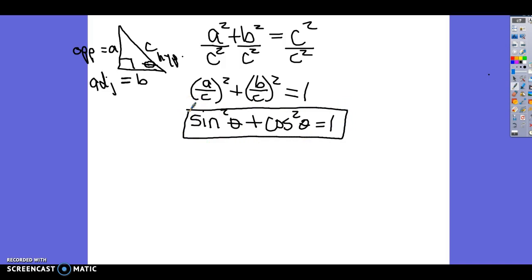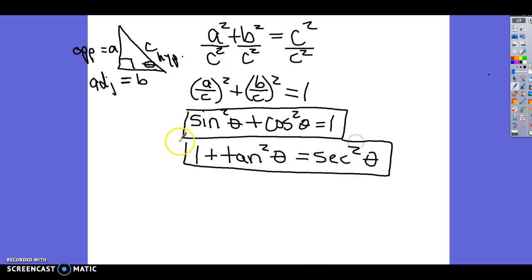That's important to know. Now if we go back to the same thing, a squared plus b squared equals c squared, and this time we divide by a squared all the way across, that's going to give us another identity. So we'll get 1 plus tangent squared theta equals secant squared theta. So this is our second Pythagorean identity.